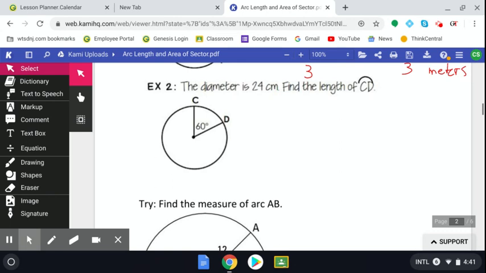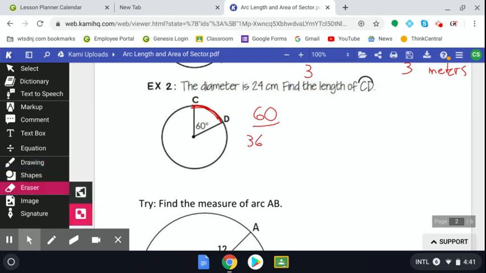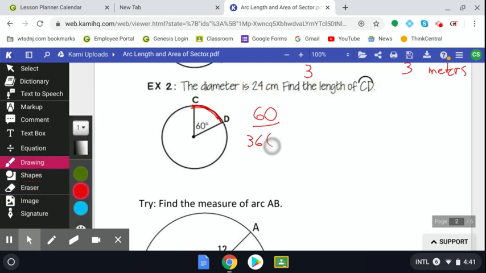Moving on to the next problem. Here they give you the diameter. They want you to find the length of arc CD. So arc CD is over here. So the portion of that circle is 60 degrees. So 60 out of 360, times 2 pi times the radius. Now here they give you the diameter.